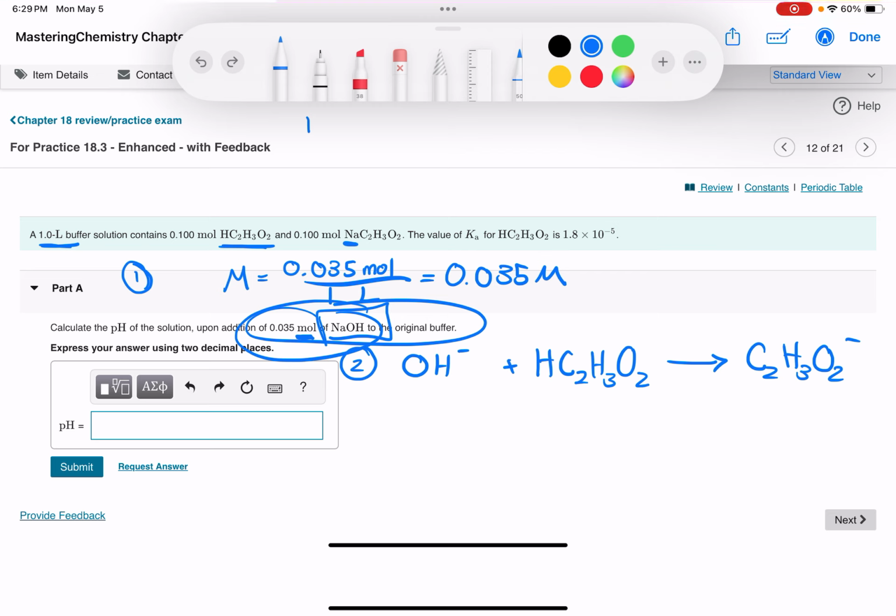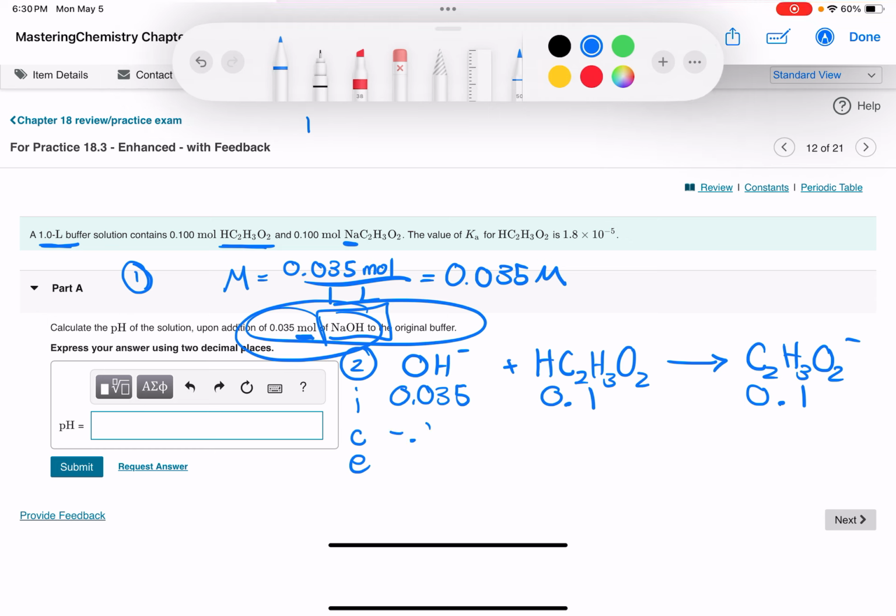Okay, so we did the dilution. We're doing the consumption. So this is 0.035. We calculated that up there. They tell us this one is 0.1 and they tell us this one is 0.1. The big difference with buffers is that you have some of that conjugate, either acid or base already. In a titration, you don't have any of that yet.